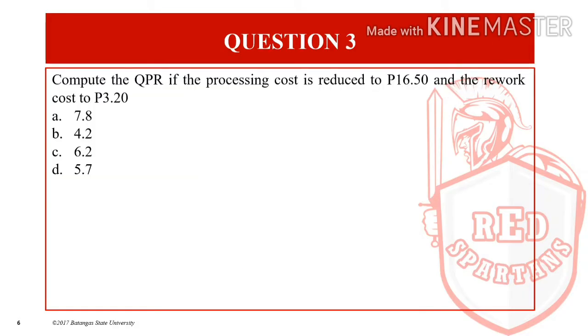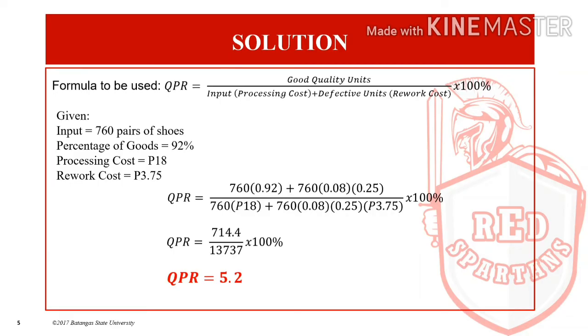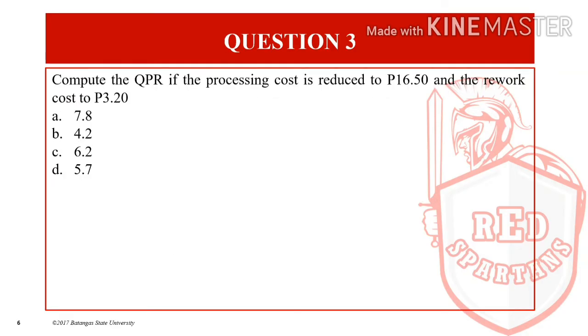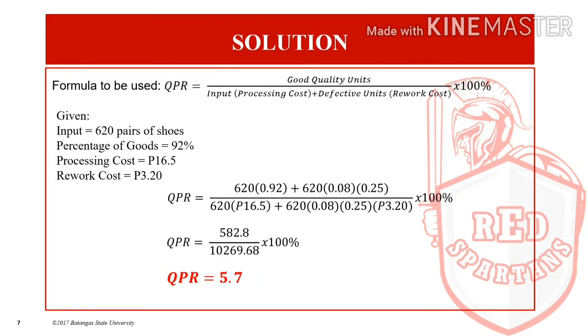For question number 3, still related to question number 1, compute the QPR if the processing cost is reduced to 16.5 and the rework cost to 3.2. So 18 goes to 16.5 and 3.75 goes to 3.2. The choices are 7.8, 4.2, 6.2, and 5.7.